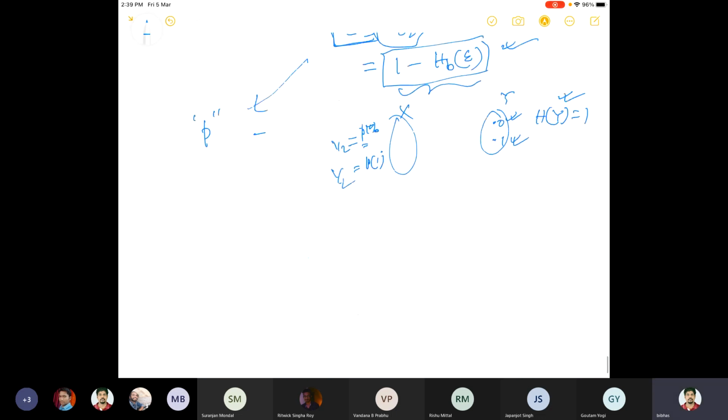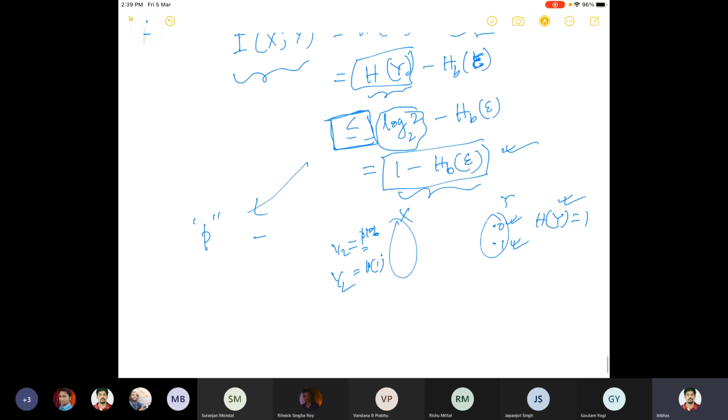So this can be made equality. This can be achieved when you take the value of p to be equal to half. So if you take this to be equal to half, then this can be achieved. So this inequality can be made equality, and hence this should be the entropy. Not the entropy, but the channel capacity.